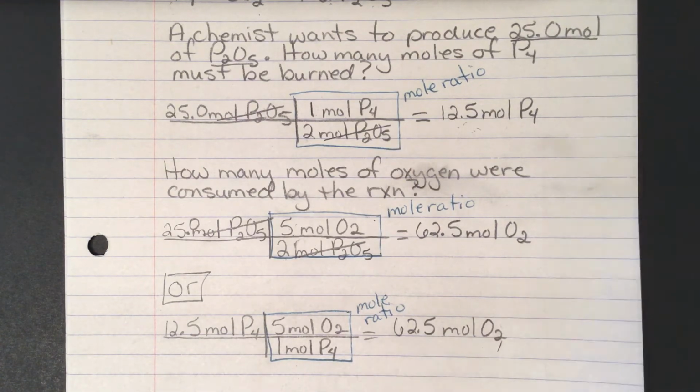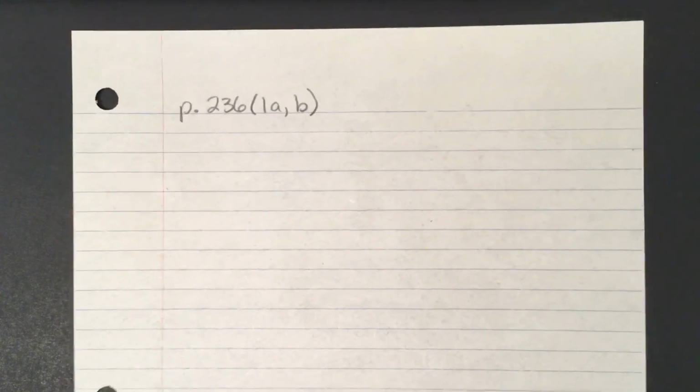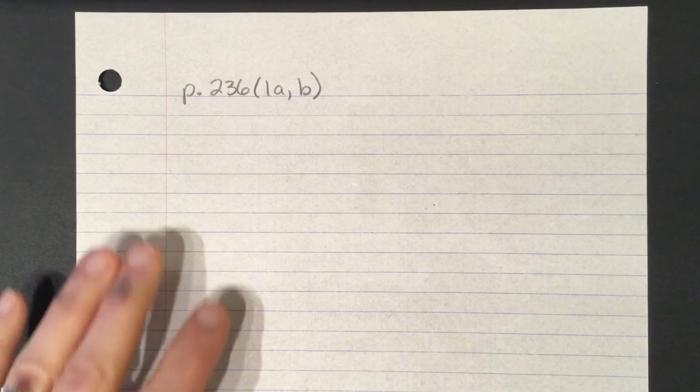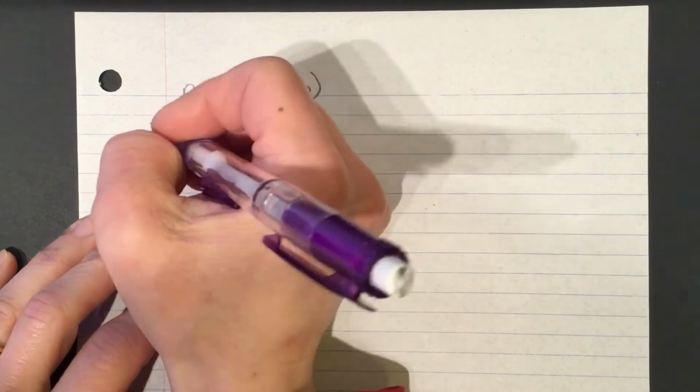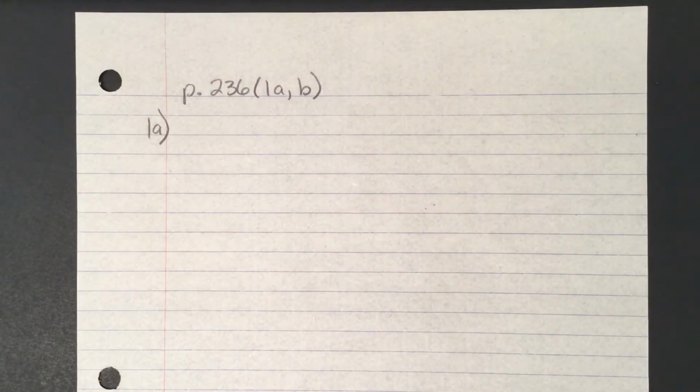Now that I've shown you how to do these, I want to take a look at the problems on page 236, 1A and B in your book, and walk you through those. So, problem 1A. They give you a balanced equation.